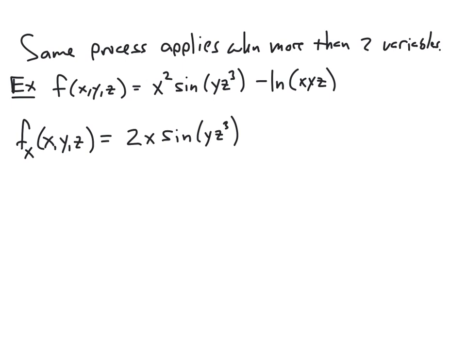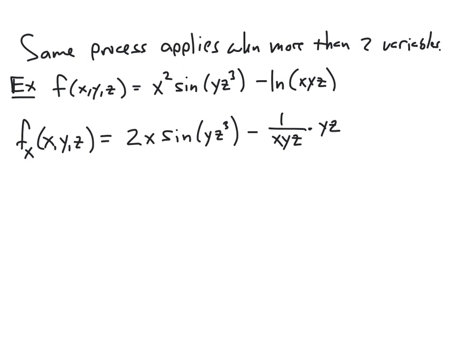Right, and now the second part, the natural log, we do have inside the natural log a multiple of x. Again, we're thinking of y and z as constant. So the derivative of natural log of xyz is going to be 1 over xyz. But then by the chain rule, we want to multiply this by the derivative of xyz, which, because y and z are constant, is just yz.